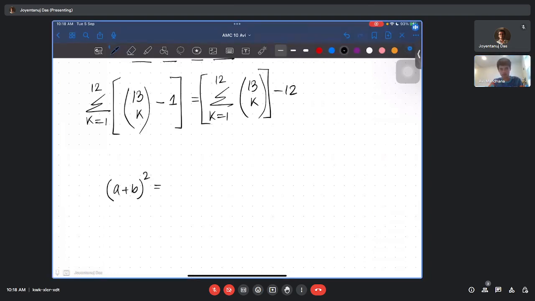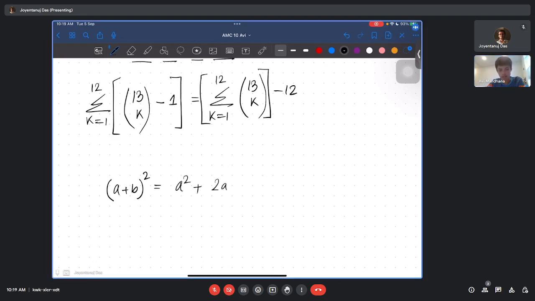What is a plus b whole square? a squared plus b squared plus 2ab.